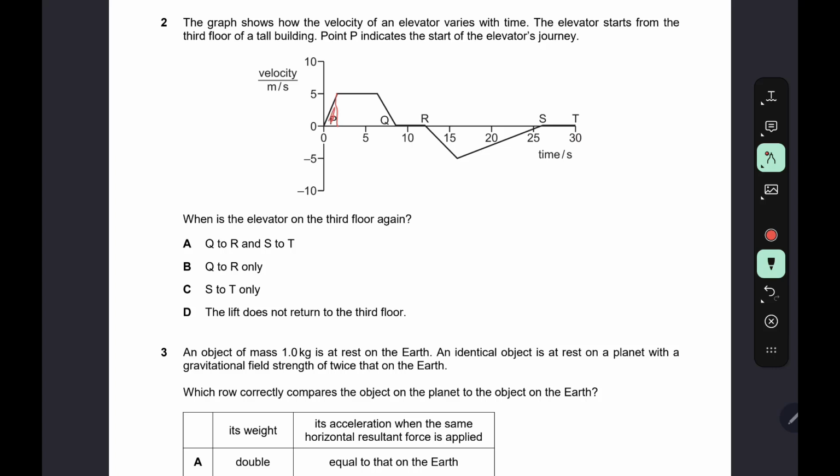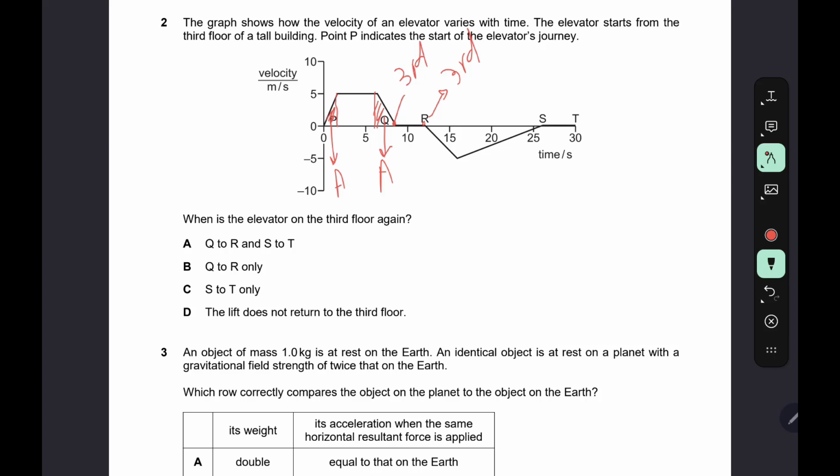This distance is the area under the graph. Then back. As the area here is equal to the area here, it is back to its same place. So point Q is also on the third floor, and of course point R on the third floor.